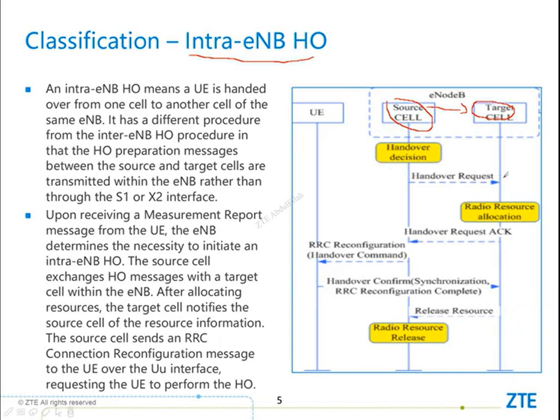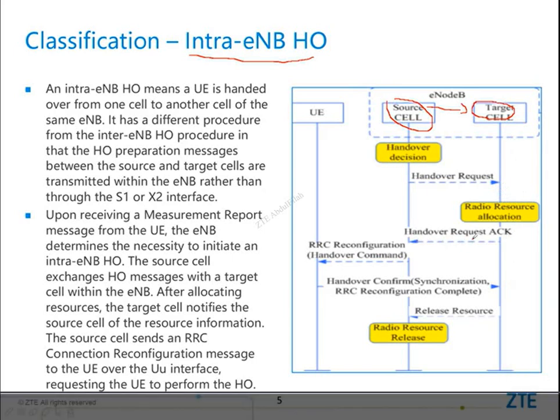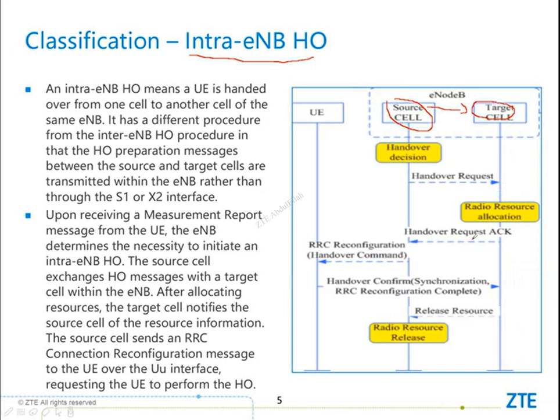The target cell receives the handover request and will allocate radio resource for this UE. After that, the target cell will feed back handover request acknowledged to the source cell. If the source cell receives handover request acknowledged, that means the handover can execute.